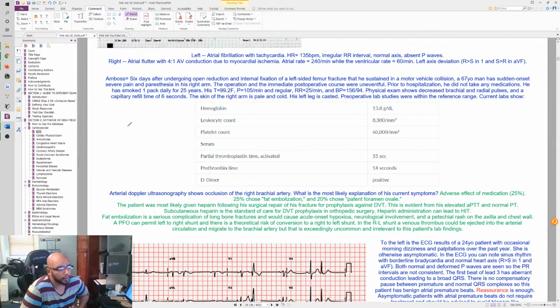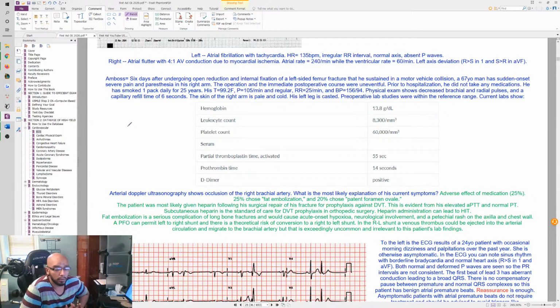This is evident from his elevated activated partial thromboplastin time and normal PT. Subcutaneous heparin is the standard of care for DVT prophylaxis in orthopedic surgery. Heparin administration can lead to heparin-induced thrombocytopenia, and that's what this was. This patient has heparin-induced thrombocytopenia, which is why he's presenting the way he's presenting. Okay, and that's all this question was about.